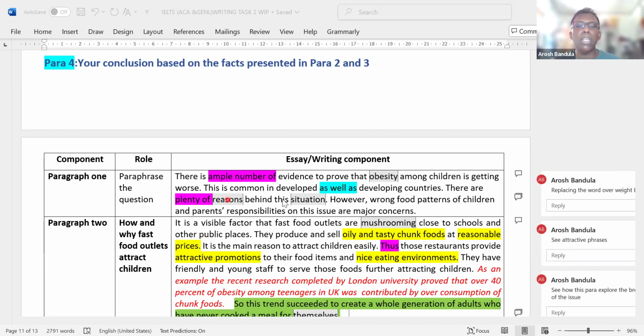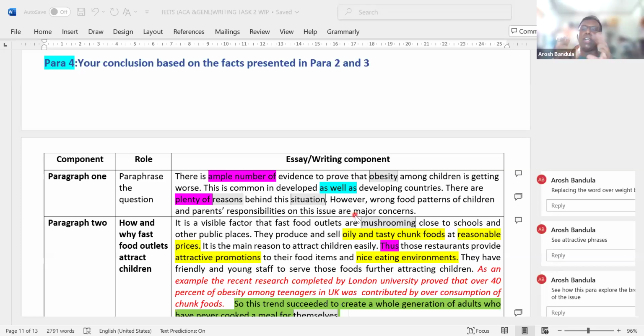There are plenty of reasons behind this situation. You see, I am writing in a different way. There are plenty of reasons behind this. However, wrong food patterns of children and parents' responsibilities on this issue are major concerns.